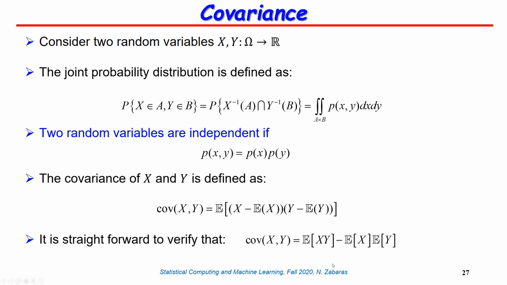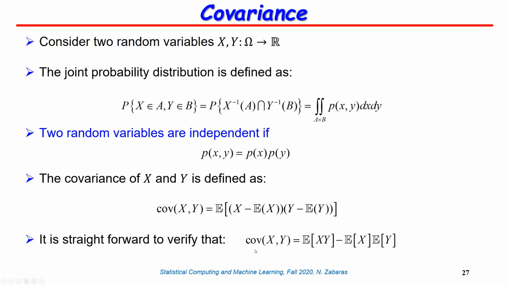And maybe you can immediately see that if x and y are independent random variables, so if this joint density can be written like that, when you use the definition of the expectation of x times y, because the joint density factorizes, this term will give you E of x times E of y, and it will cancel with that. So effectively, if two random variables are independent, their covariance is 0.